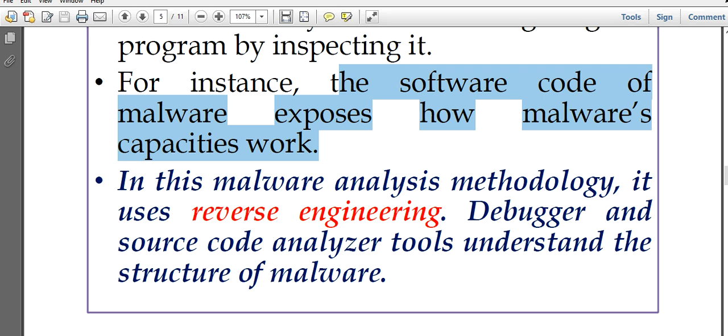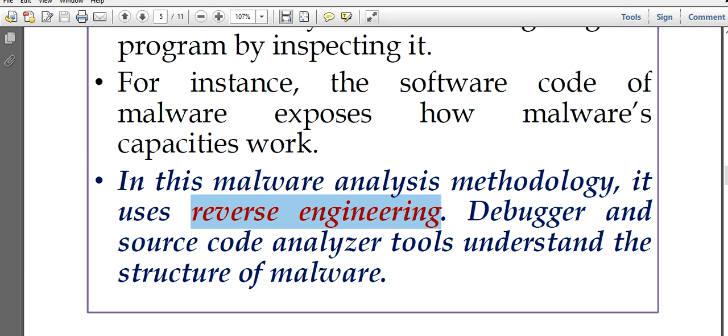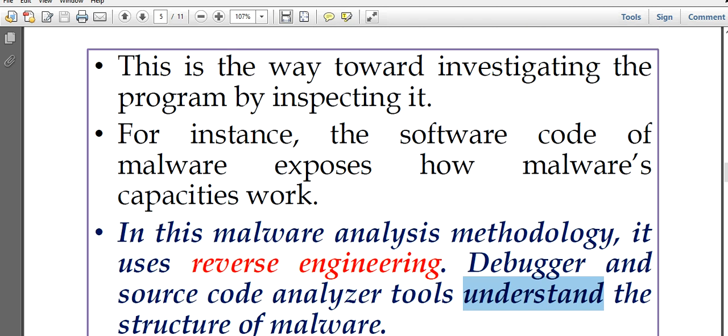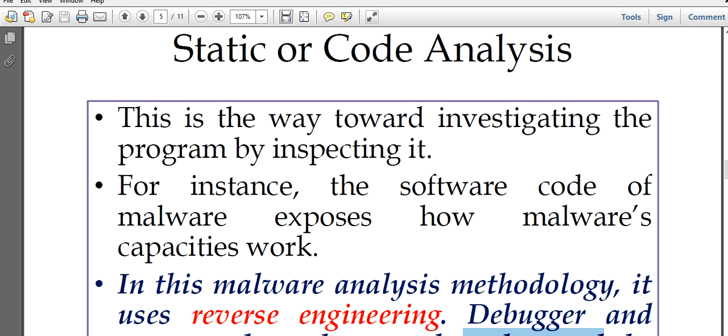This methodology uses reverse engineering. Reverse engineering is a very important concept, and I have repeated this many times in my lectures. So go and find some case studies regarding reverse engineering. Debugger and source code analyzer tools understand the structure of the malware. So that is basic static or code analysis.